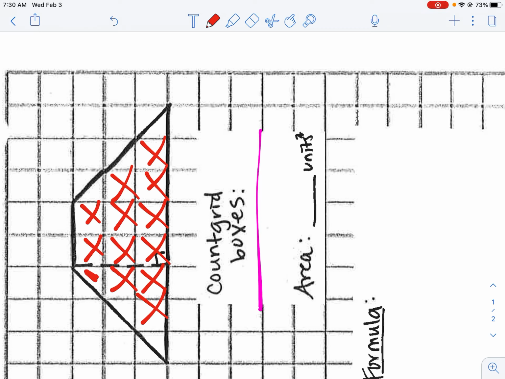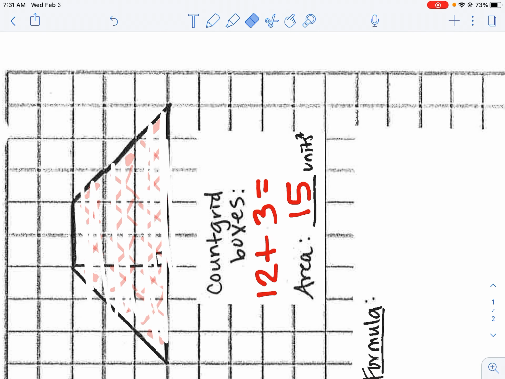So a half would be 12.5, plus another half is 13, 13.5, going up to the right, 14, 14.5, and 15. Alrighty, so we had 12 whole squares plus 6 halves. 6 halves makes 3 whole. So that equals 15 units squared.